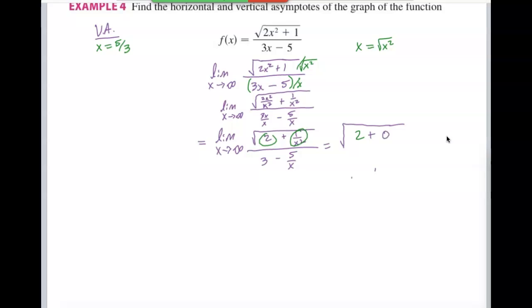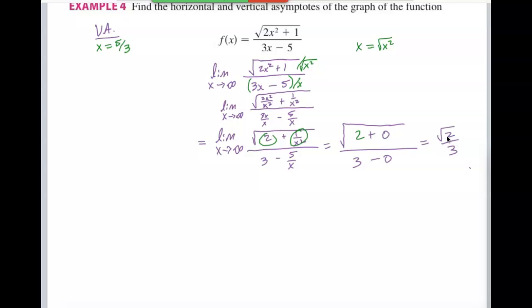Good. Then in the denominator, 3 just stays as 3. 5 over x, again, approaches 0. And I have an answer of root 2 over 3.